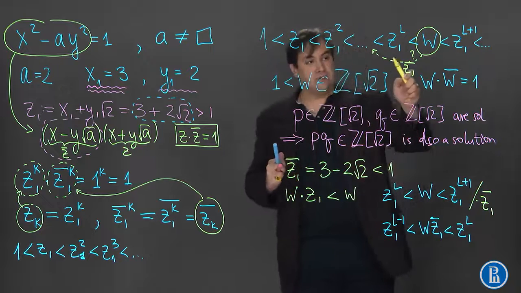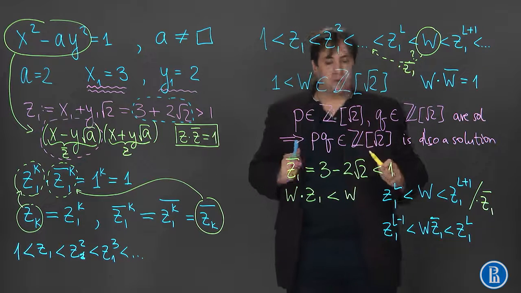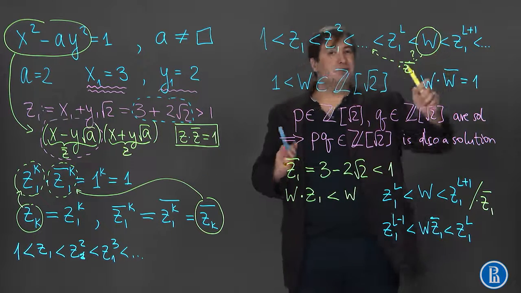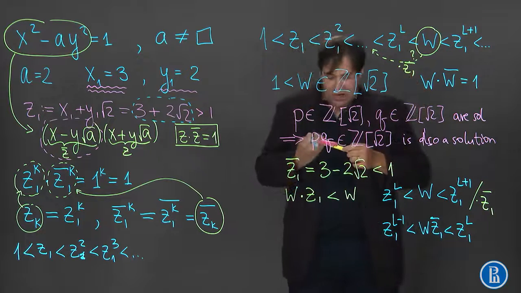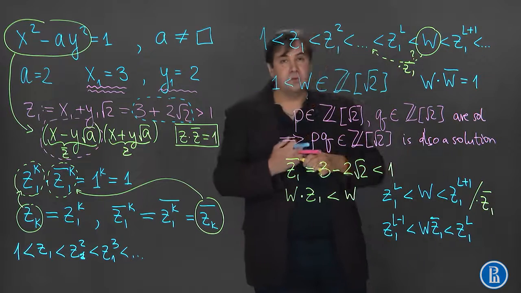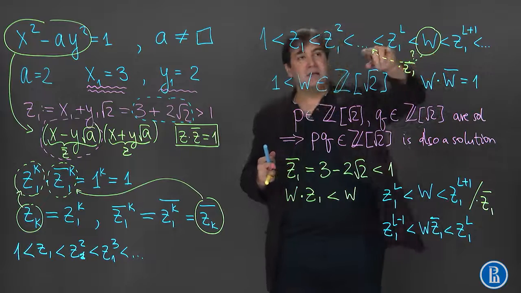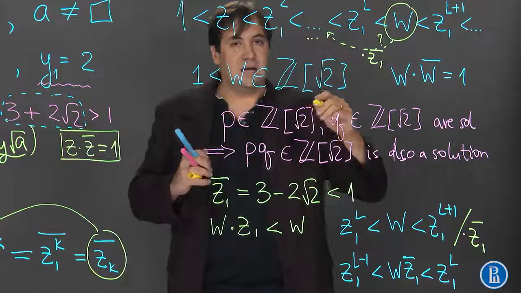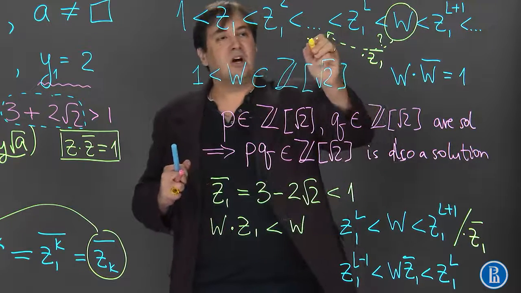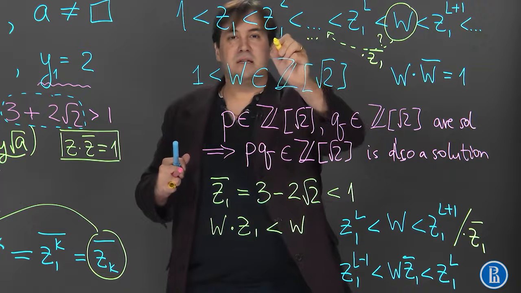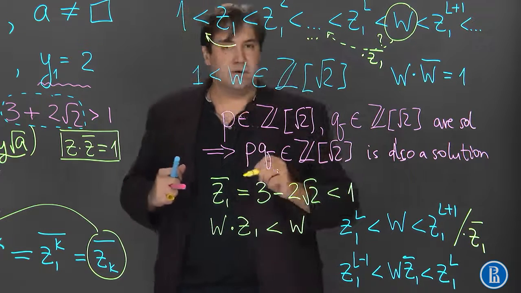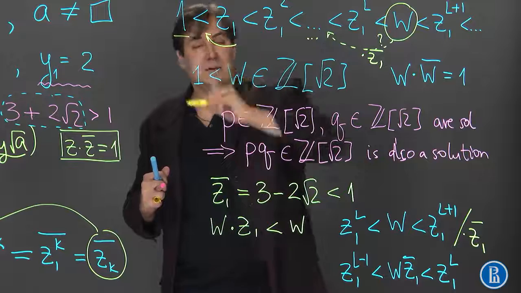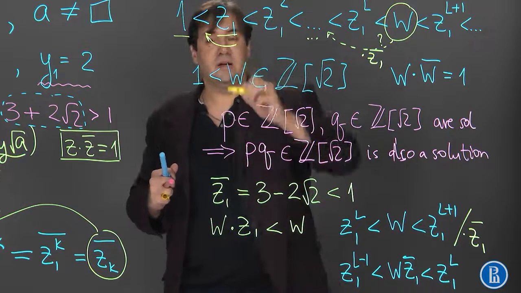If we continue this procedure of multiplying an intruder solution by z1 conjugated, then we will receive new solutions between elements of this sequence. Eventually, it will obviously bring us to a solution somewhere over here between 1 and z1.